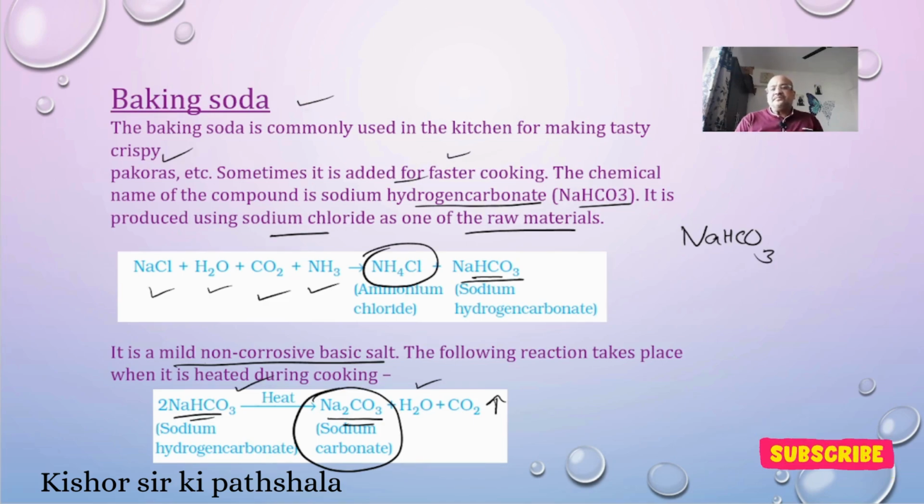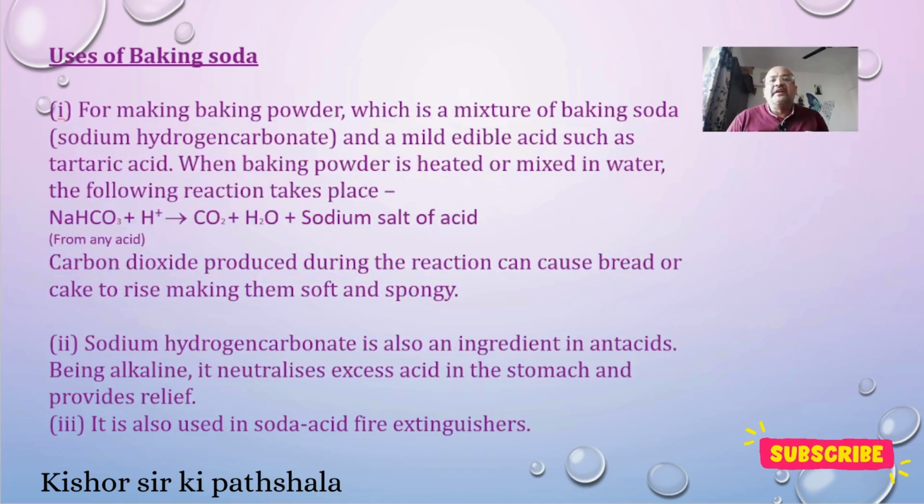Now let's see the uses of baking soda. For making baking powder, now there is a difference between baking soda and baking powder. What is baking powder? It is a mixture of baking soda and a mild edible acid, such as tartaric acid. When baking powder is heated or mixed with water, you get the following reaction.